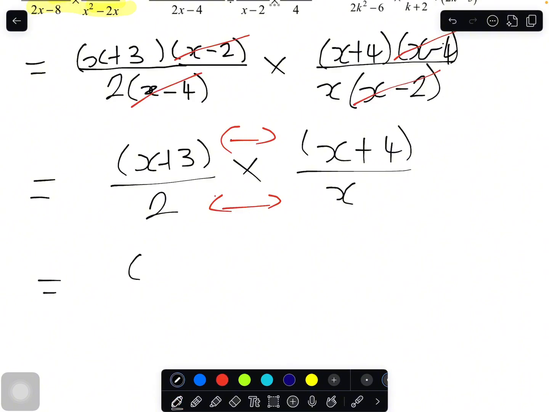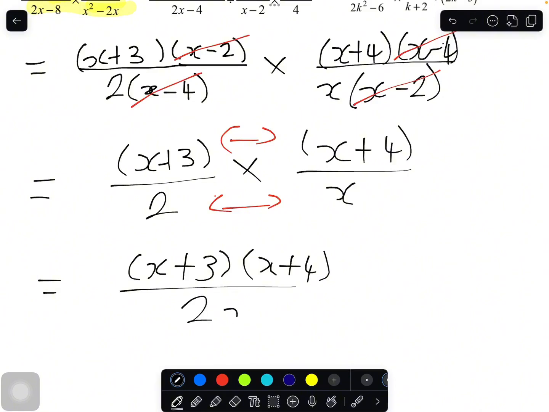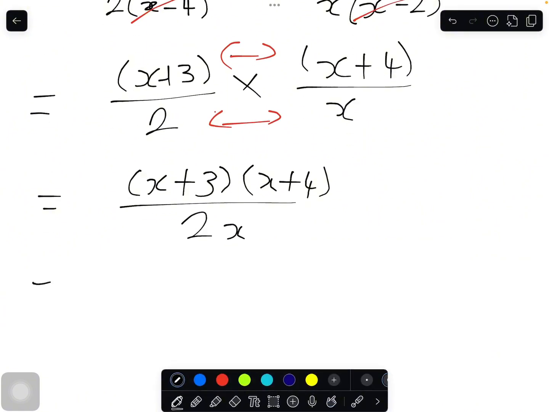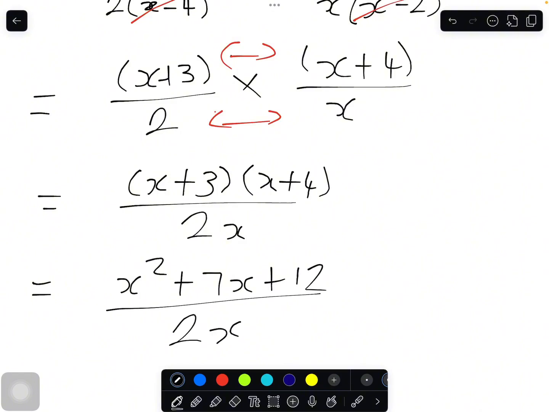So I'm going to be left with x plus 3 into x plus 4 over 2x. Now, depending on your school, they'll tell you how to leave it. You can leave it in this form, or some schools prefer it if you then multiply it out. Over 2x. And then this would be our final answer.